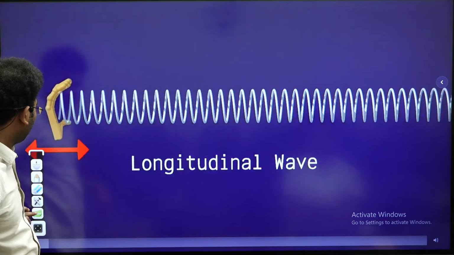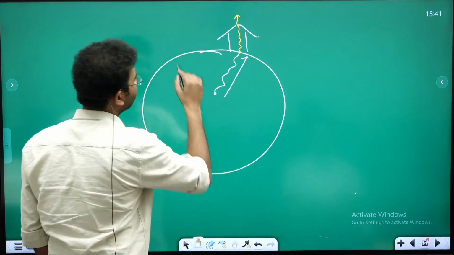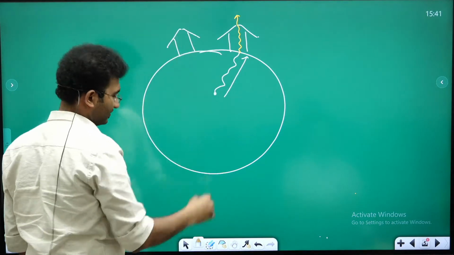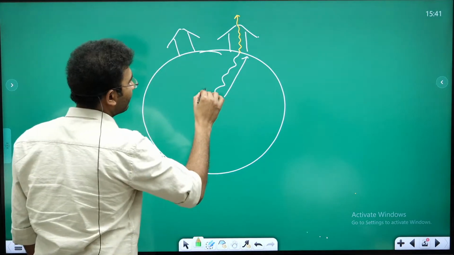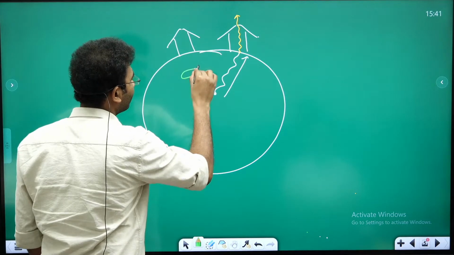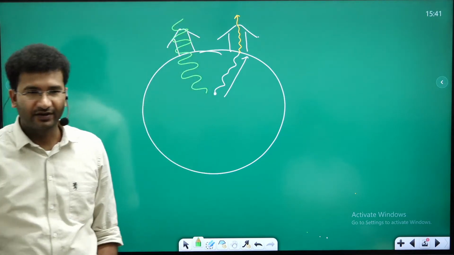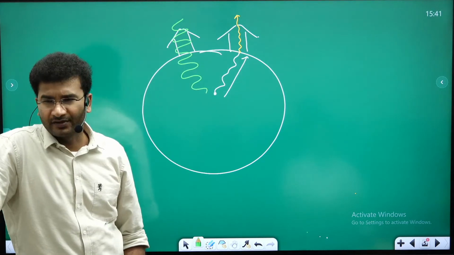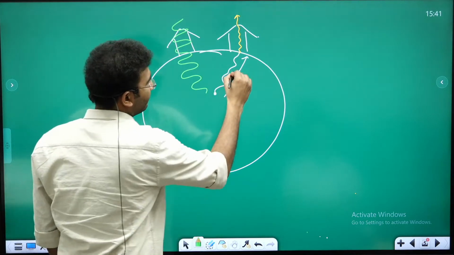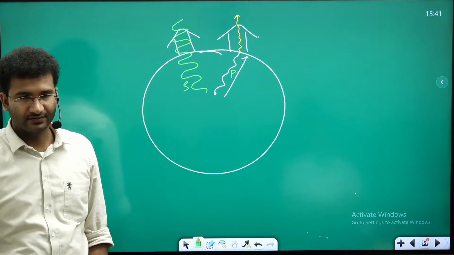Okay, now let's go back and let us try to understand the same situation. Imagine this is your house and the secondary wave which is generated, this is how the wave travels, right? In which case do you see more damage? This is P wave, this is S wave. Okay.